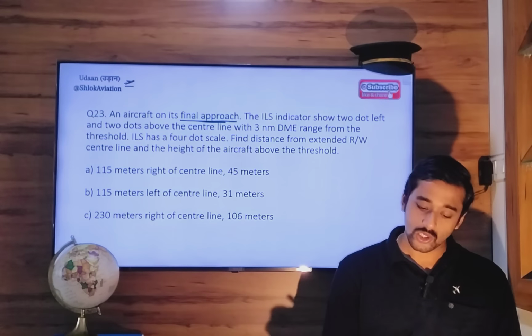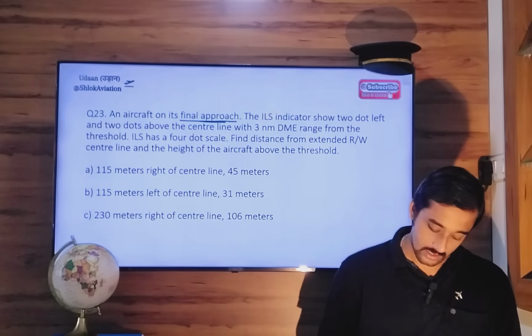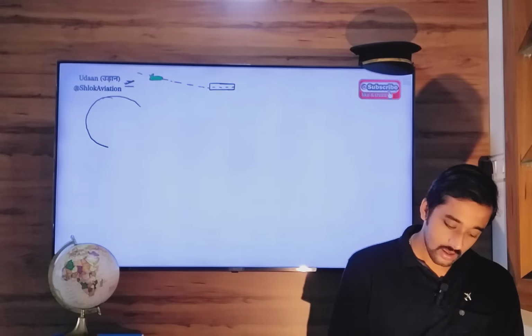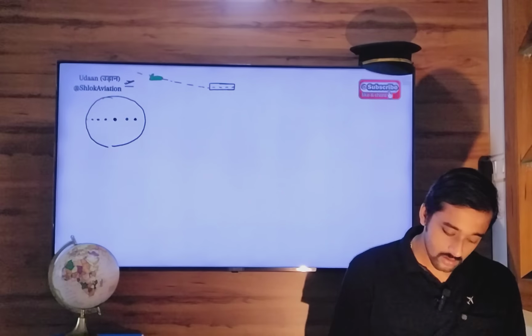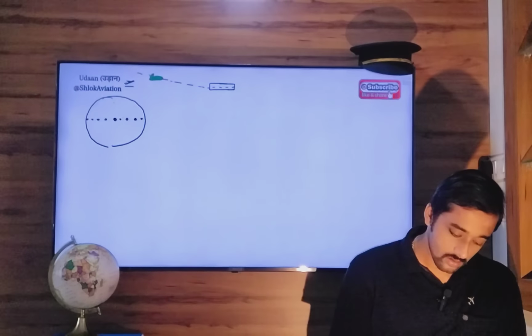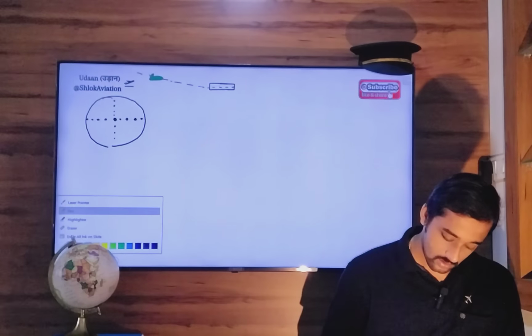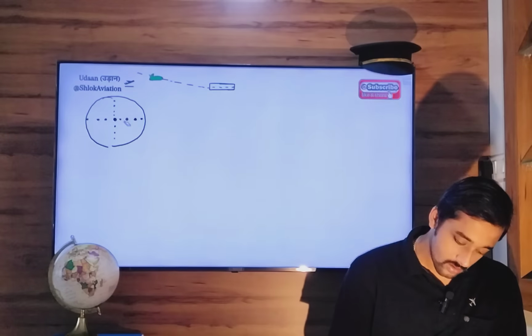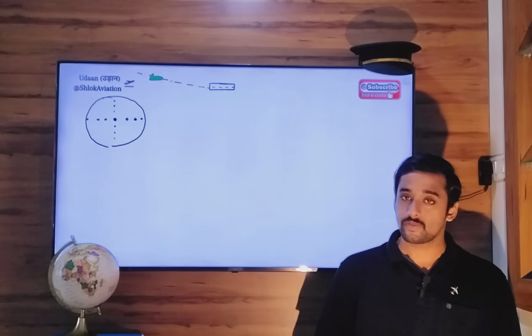The ILS indicator shows 2 dot left indication and 2 dots above the line indication. So let's say this is your ILS indication here, and this is a 4 dot indicator, 4 dot indicator either side.